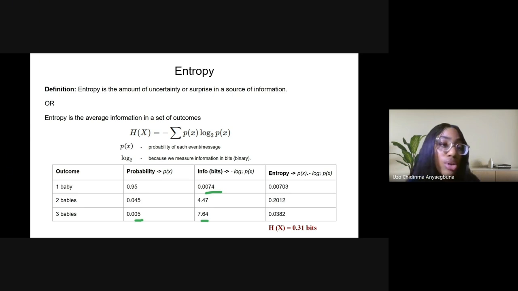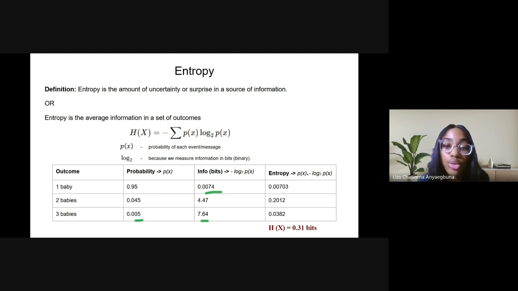And now this takes us to entropy. We did say that entropy is the average information in a set of outcomes. So now we have three sets of outcomes. My auntie had one baby, my auntie had two babies, or my auntie had three babies. Now, these are all their information when calculated.